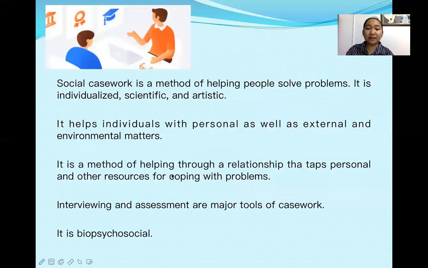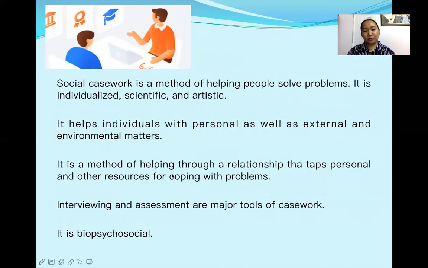Social casework is a method of helping people solve problems. It is individualized, it is scientific, while at the same time artistic. So it's good to reflect that it is not just scientific, or we do not just apply the theories, but we also understand that we cannot expect that the result of one case will be the same.